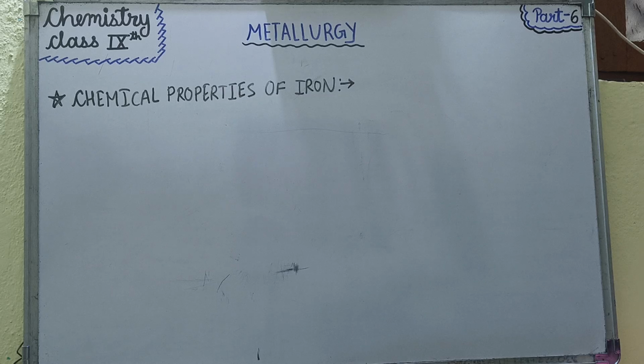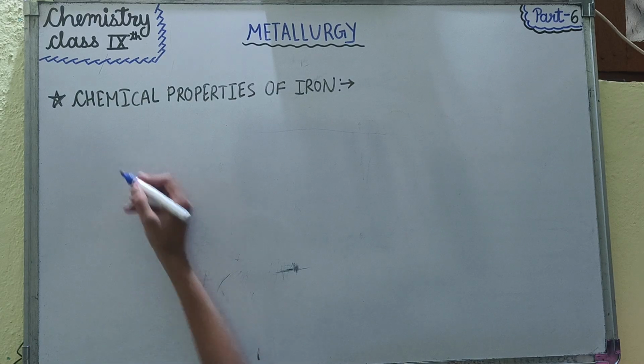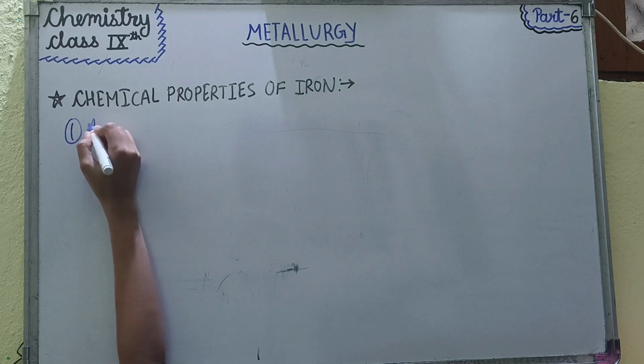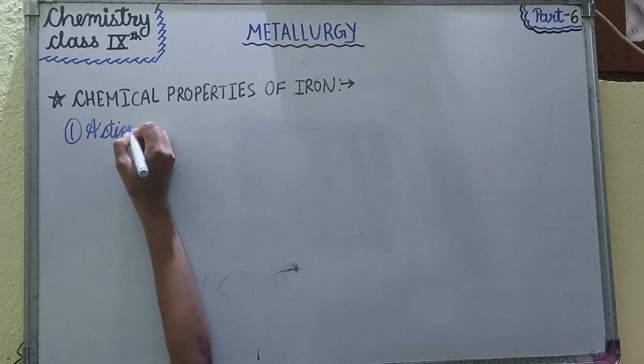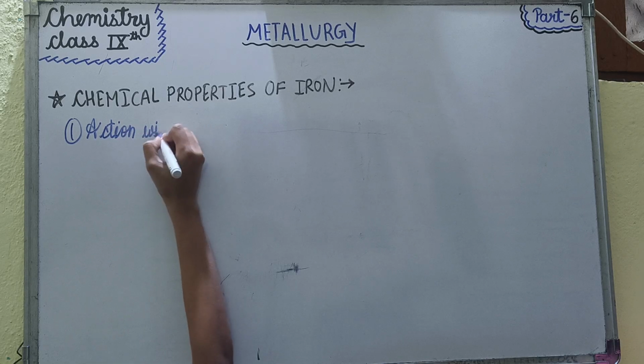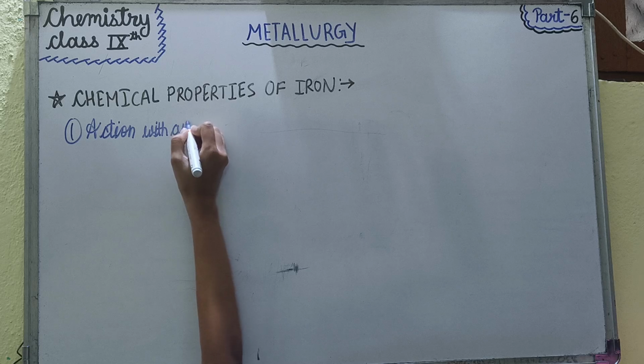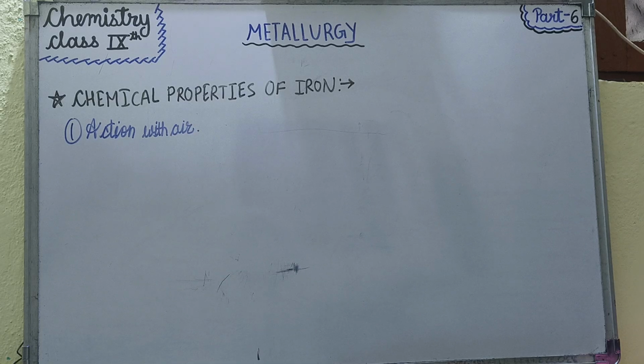We were going to start with the topic chemical properties of iron. So the first chemical property of iron is action with air. At ordinary temperature there is no action.